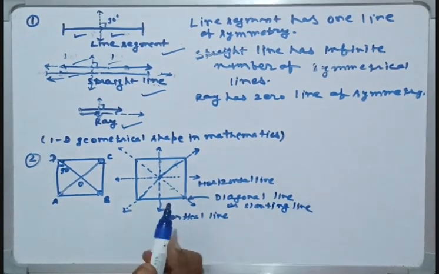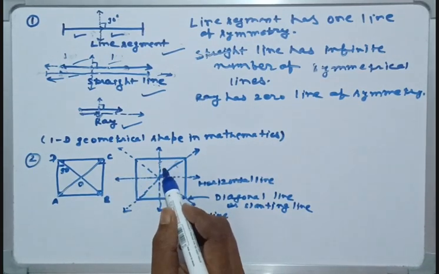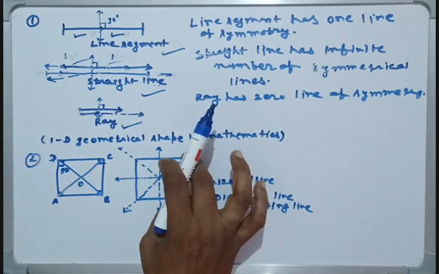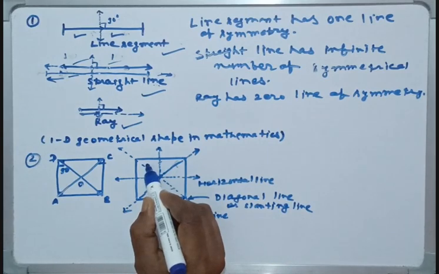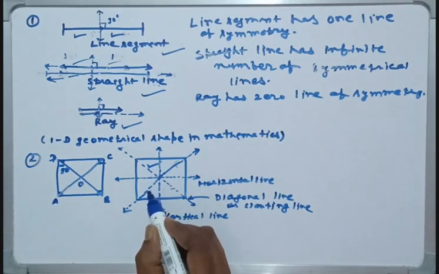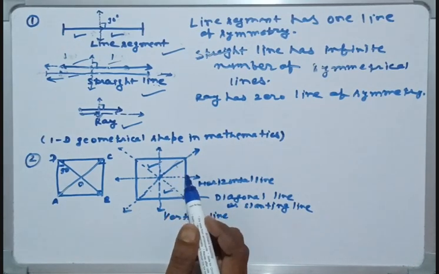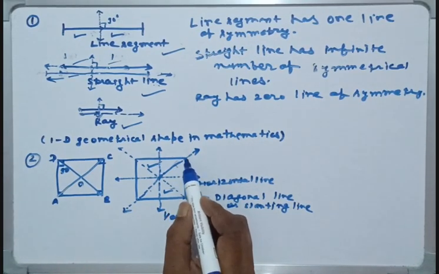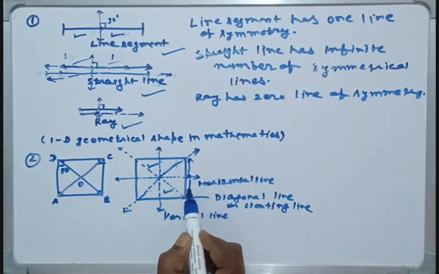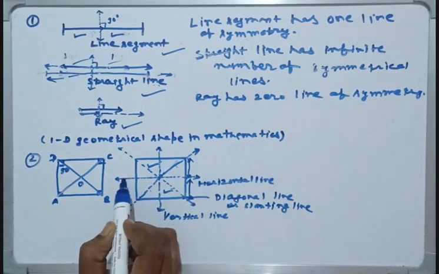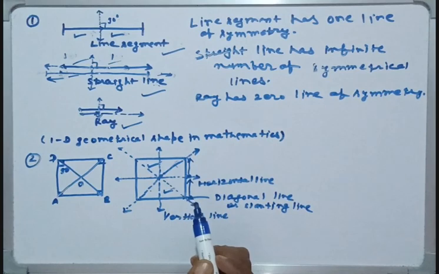Okay guys, see, this horizontal line divides the whole square into two equal parts. This one is an upper part and this one is a lower part. So what we say, this is a half part of this square and this one is the second half part of this square with respect to this horizontal line.